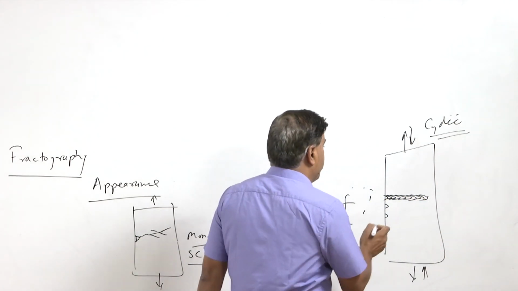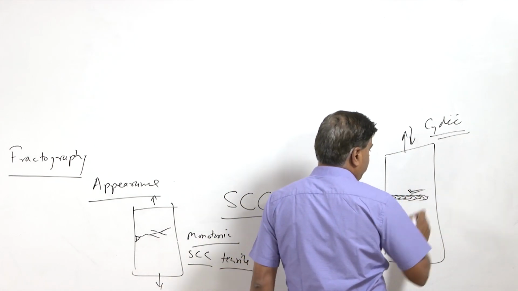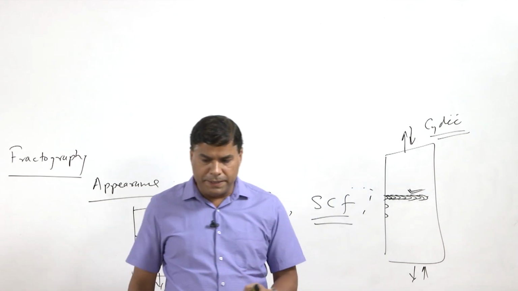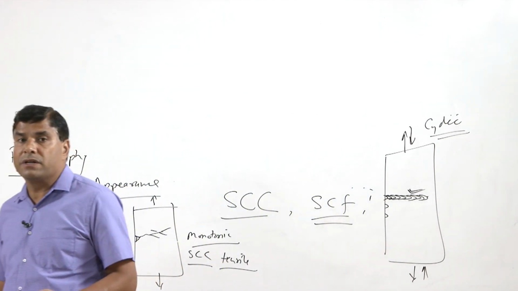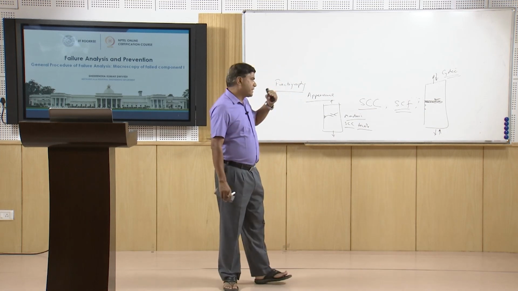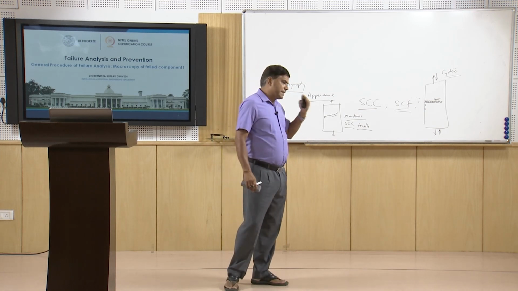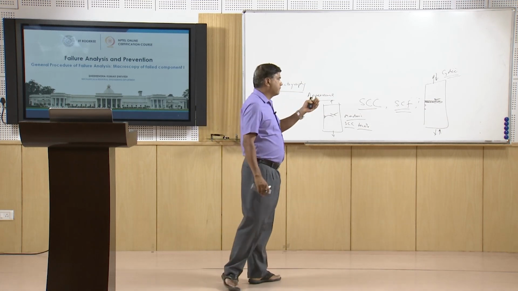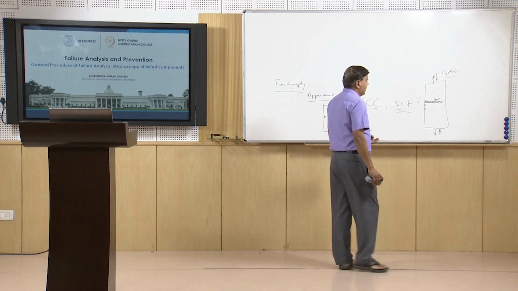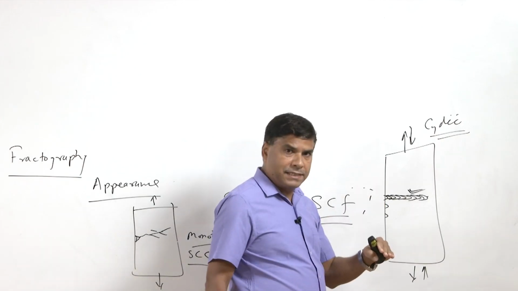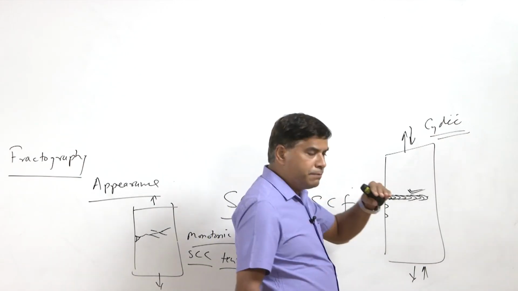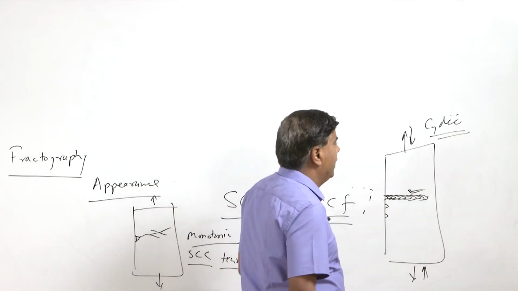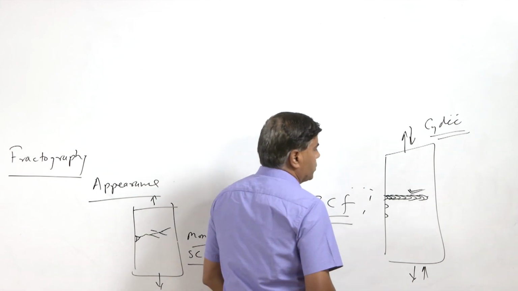So, here such fractures are very fast, and in this case the nucleation is facilitated by the pits and crevices generated at the surface, and the cyclic loading will facilitate the growth of the crack, and eventually sudden fracture will take place as soon as the cross section is reduced to such an extent that the external loading is beyond the capacity of the load resisting cross sectional area left, and then sudden fracture will occur.